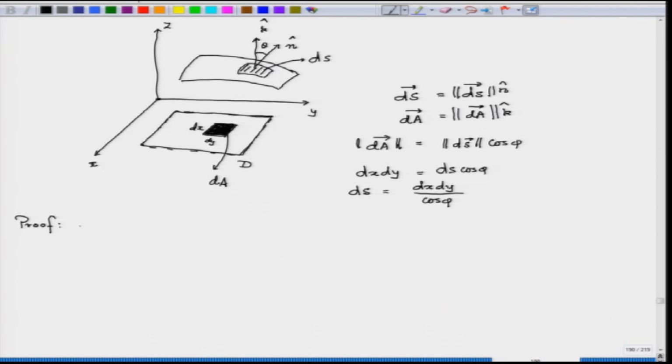Now, assume that here we are talking about a graph of some f(x, y), here z is equal to f(x, y). So, let me write down the proof. Let g(x, y, z) be z minus f(x, y). Therefore, g(x, y, z) equal to 0 represents the surface.